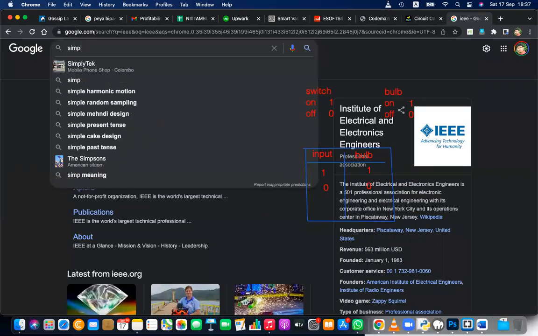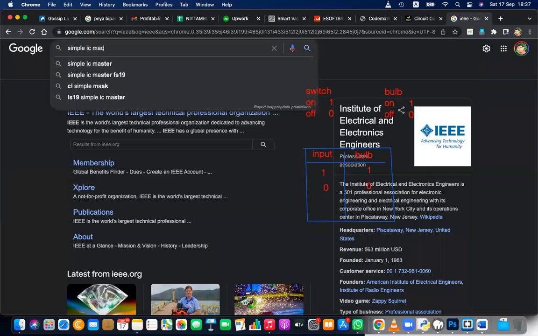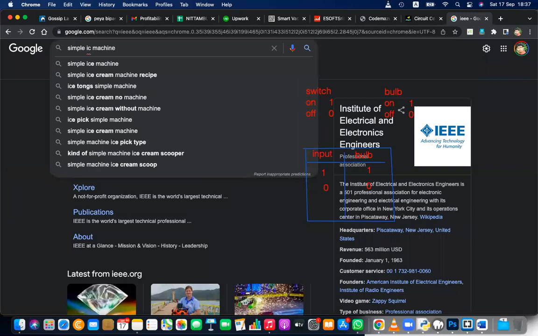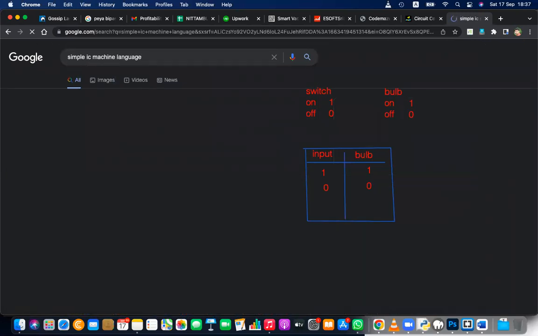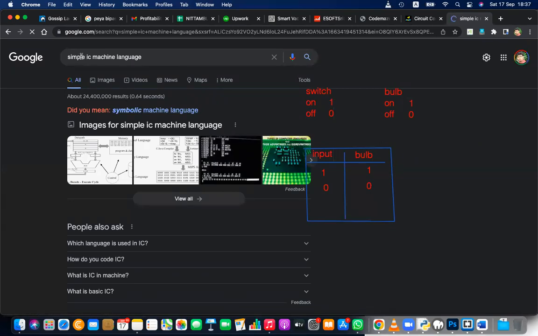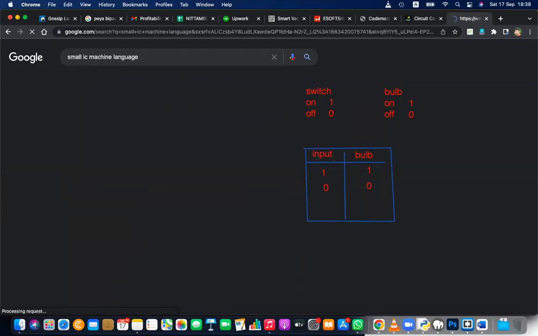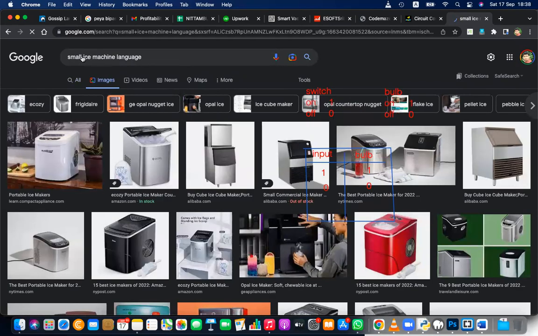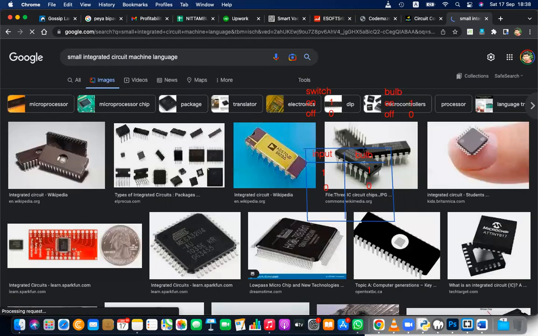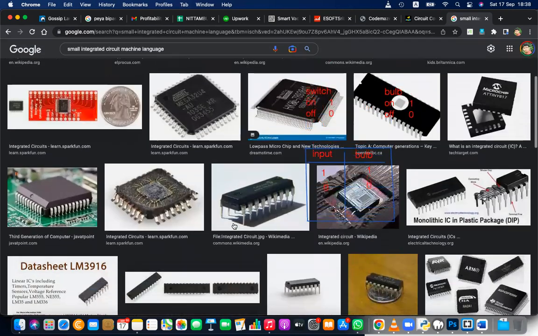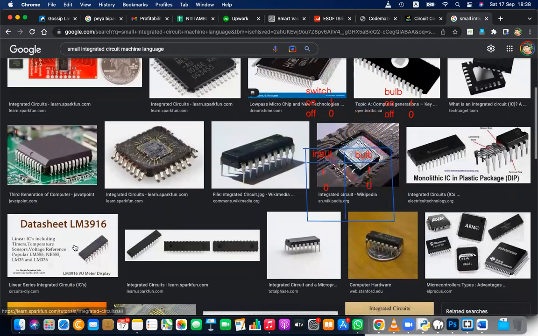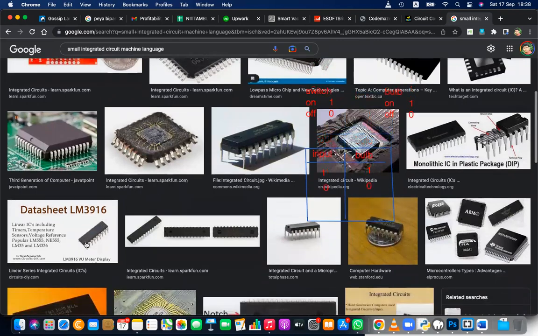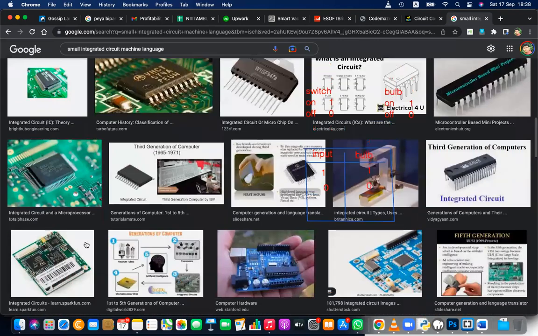Let's see, for a small integrated circuit, what is the machine language? You can say this is the integrated circuit, so there is a machine language.